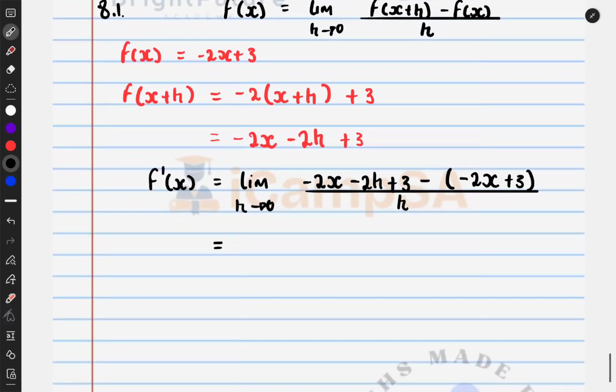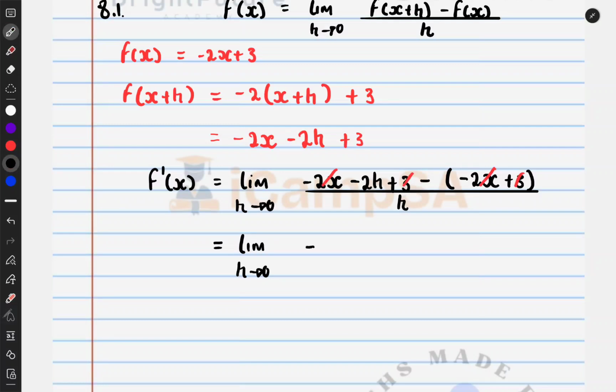Let's add or subtract the like terms. We haven't yet substituted the h, so we still have to keep this sign of the limit as h approaches 0. Okay, so as we can see from there, minus 2x plus 2x will be 0. This and this would cancel, and then 3 minus 3 also will cancel.